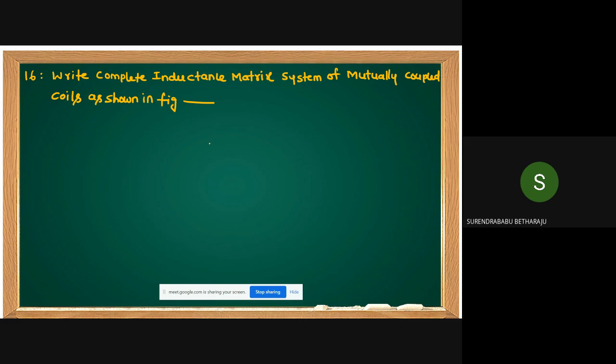Okay, this is the given system of mutually coupled coils.